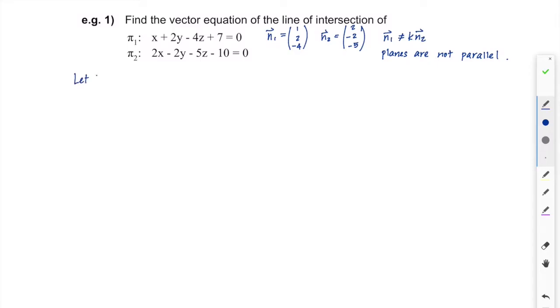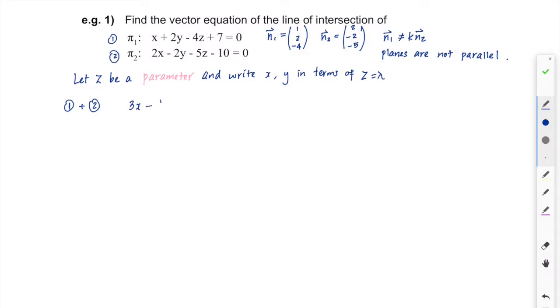So let z be a parameter, and write x and y in terms of z. Instead of z, we can say z equals lambda.